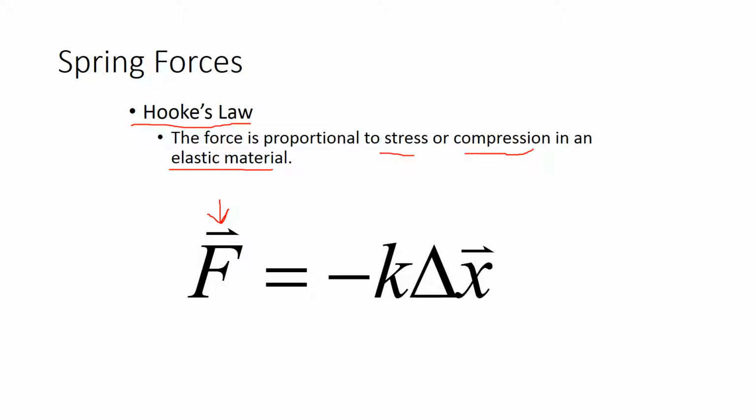So you can stretch, applying a stress, or you can compress any object to some extent or another, and over some range, most objects obey some variation of this formula, so that the applied force causes a stretch, and then the spring, or other object, reacts to that by creating a force in the opposite direction, hence the little negative sign here, but which does have the same magnitude, that is proportional to the amount that you stretch it.